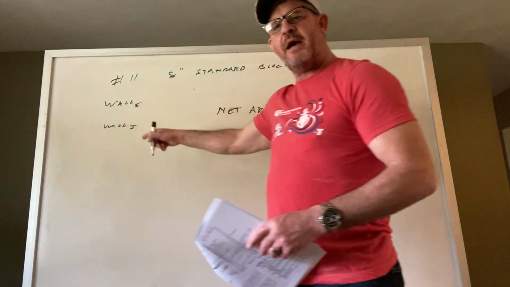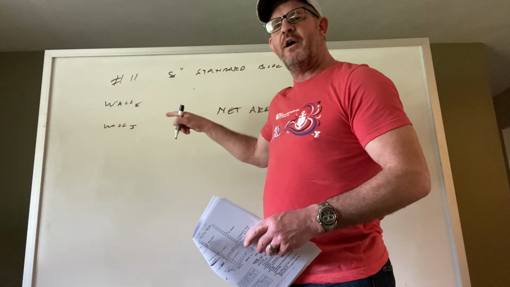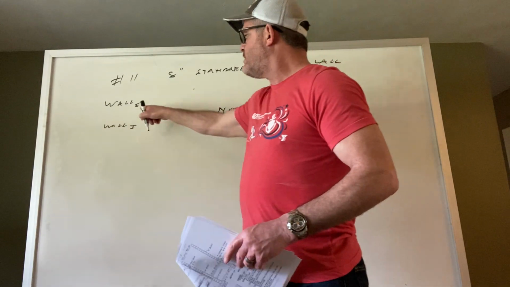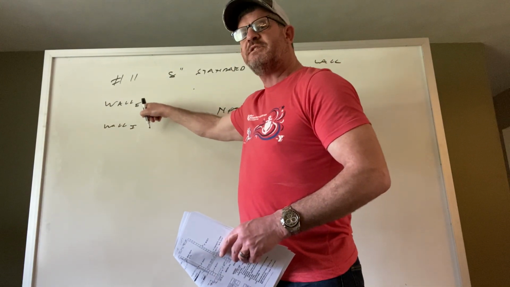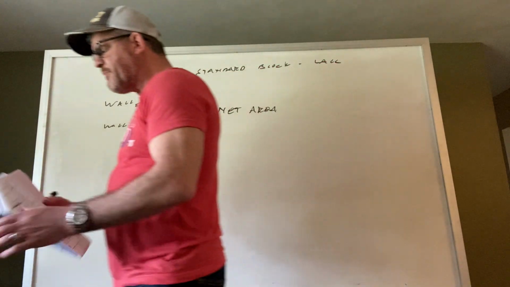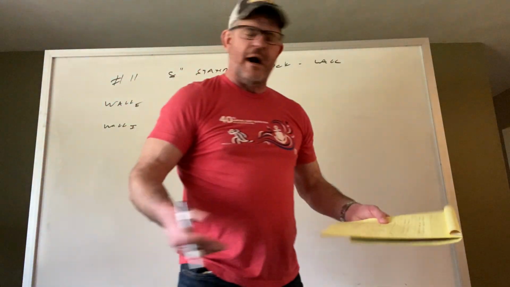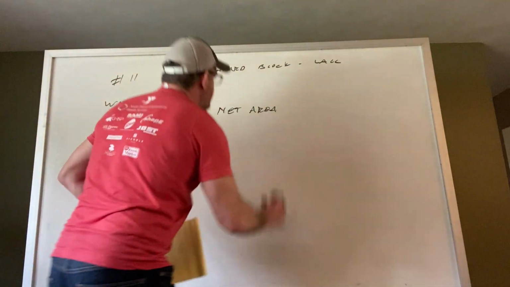Again, I could set the math problem up so that I just include all of them in my total net area, but I decide I don't want to do that because I know I'm going to need just this exterior net area next. So I set my math problem up that way in order to be as efficient as possible. That's basically what it comes down to.